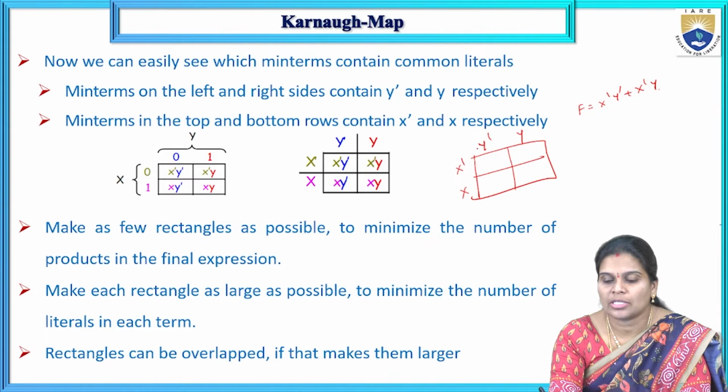In the first term, x bar y bar, this block will be assigned a 1, since we are using the SOP form. The next one is x bar and y, so this is also 1. We do not have any expression for the other two square boxes, so they are empty, using zeros. These two adjacent square boxes have ones, so we can form one group.